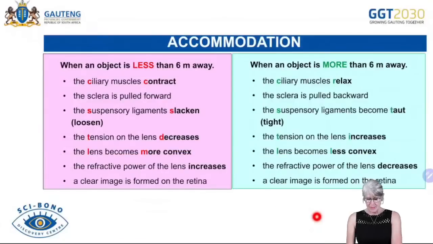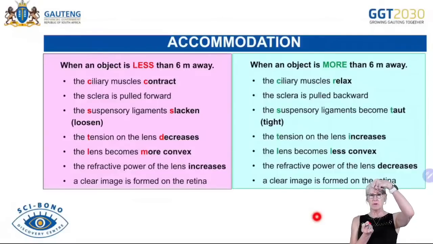All right, so let's have a look, and it's very nice actually to compare these two in a table, because if you know the one side of the table, then it's very easy to remember because it's usually the opposite. So if we have a look at when an object is less than 6 meters away, so it's close up, the ciliary muscles contract. Okay, so remember the muscles of the ciliary body, they're going to contract.